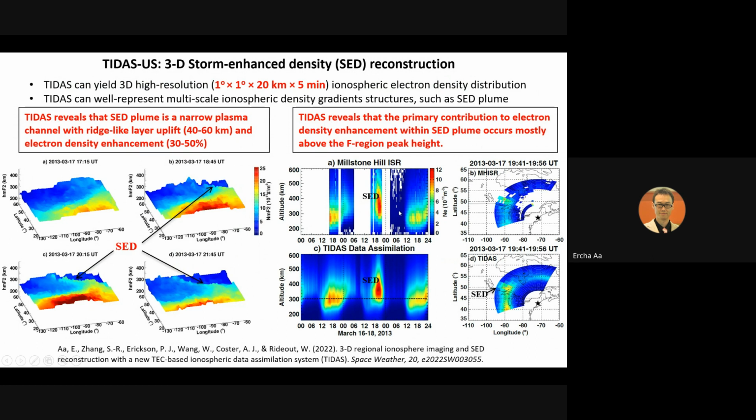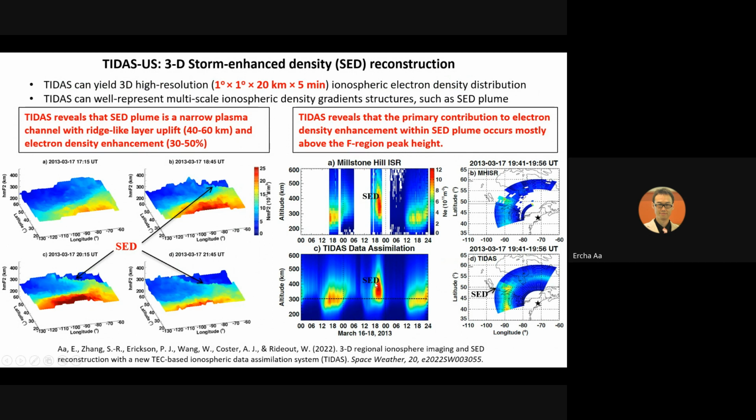So in both pictures, we can see the signature of SED plume here and SED here. And the bottom two panels are the reconstruction given by TIDAS. So we can see they agree very well with the ISR measurement. They show the SED results.